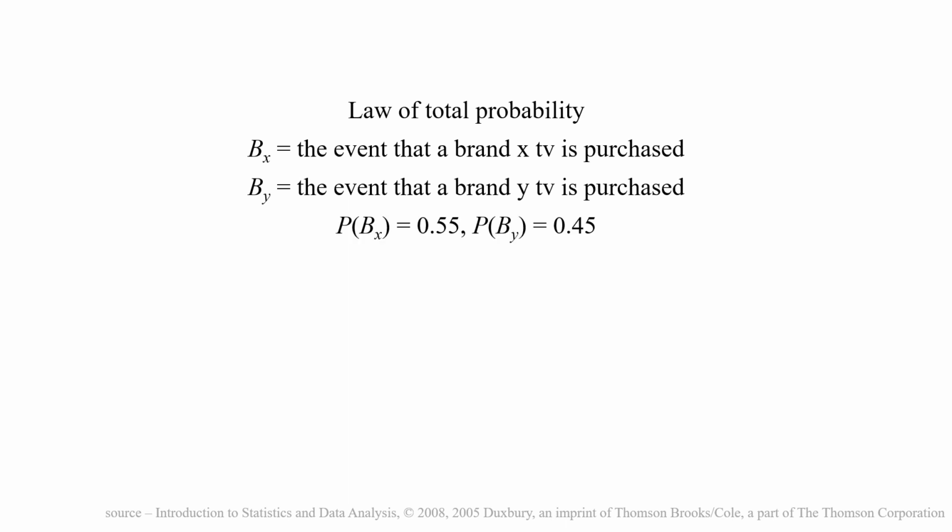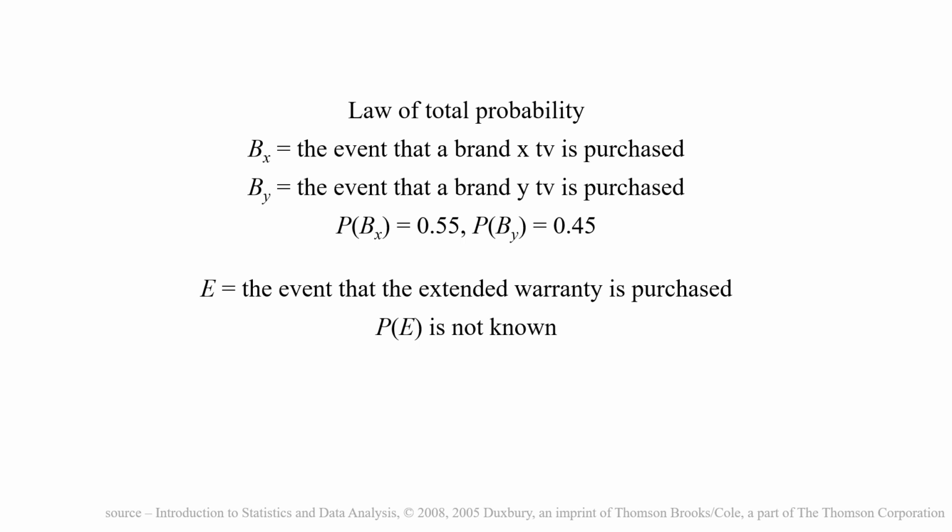Assume that probability of Bx is known and that equals 0.55, and similarly assume that probability of By is known and that equals 0.45. Note that Bx and By are disjoint events whose probabilities are known and sum of their probabilities equal 1. That is, total probability equals 1.